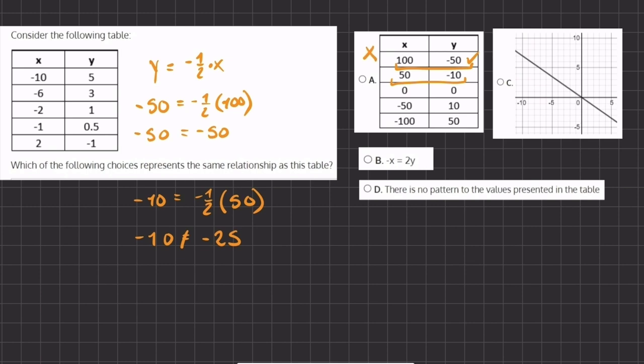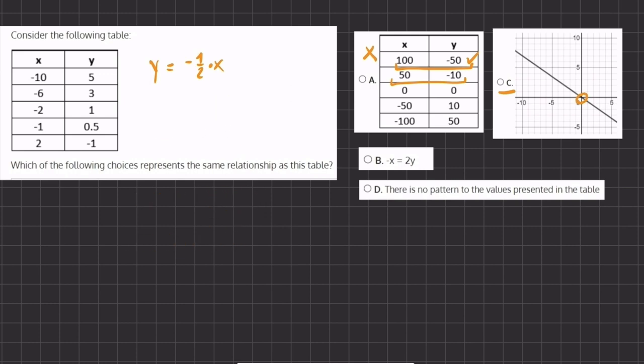Let's move on to the graph of option C, and here let's pick the point 0, 0, and plug this into our formula. Let's clear some space here first. If we plug this into our formula, we get y equals 0 equals negative half times x, which is also 0. So now we get 0 equals 0, and this point seems to be correct. Now let's pick another point to make sure.